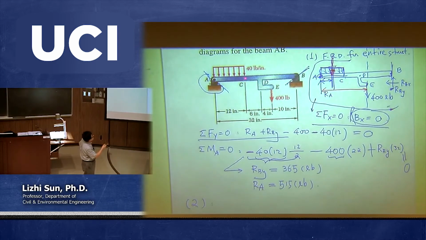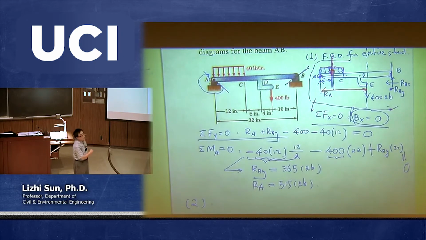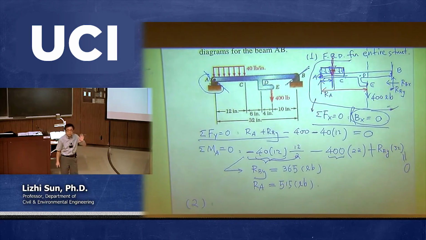Okay, so that's why we just keep moving until we see point C. We have to stop at point C, because at point C, all of a sudden, the force stops maintaining a constant uniform distributed load. So then obviously this should be our first segment. So in other words, we need to have our first cut somewhere between A and C. Make the first cut. We don't need to have 2 or 3 or 5 cuts.